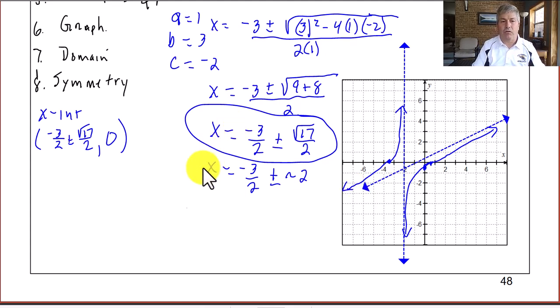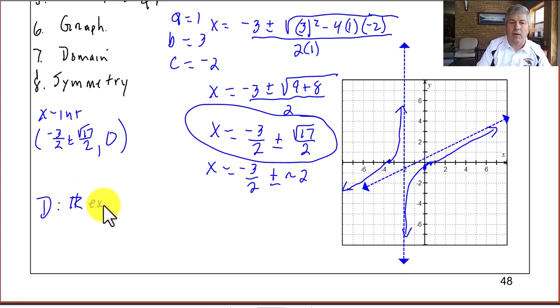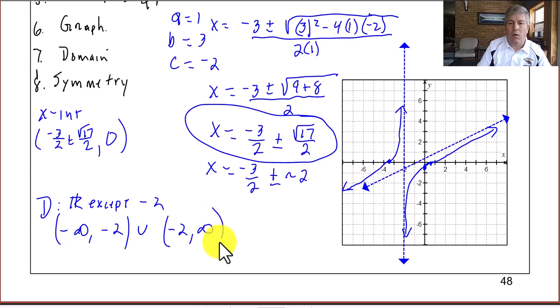We have no symmetry. Our domain, we can use any x we want other than negative 2. So it's going to be all real numbers except negative 2, or if you will, in interval notation, from negative infinity to negative 2, in union with negative 2 non-inclusive all the way out to positive infinity.